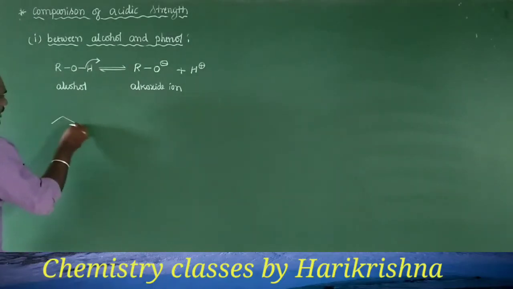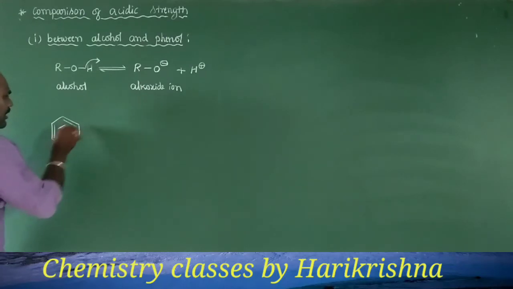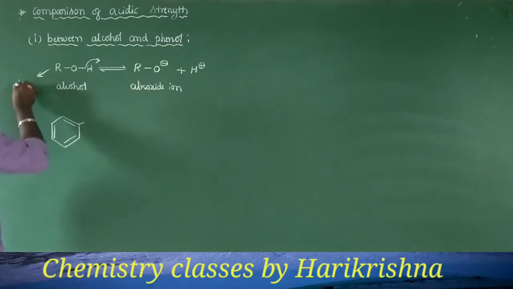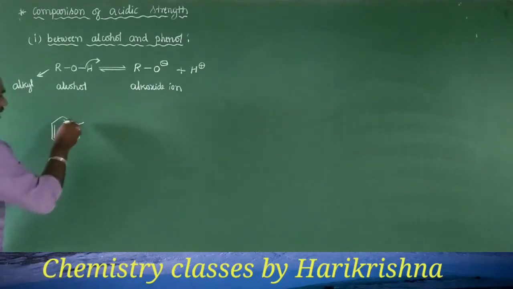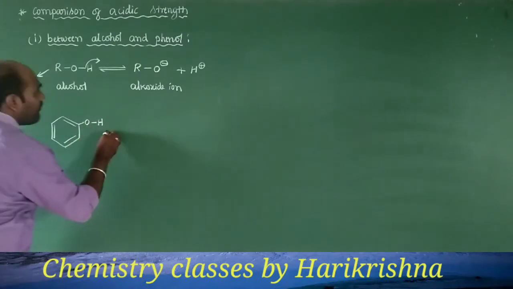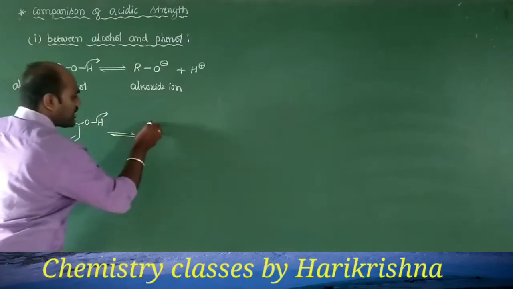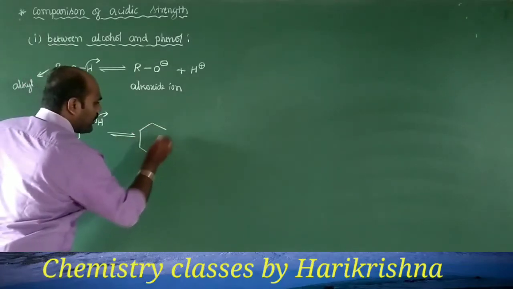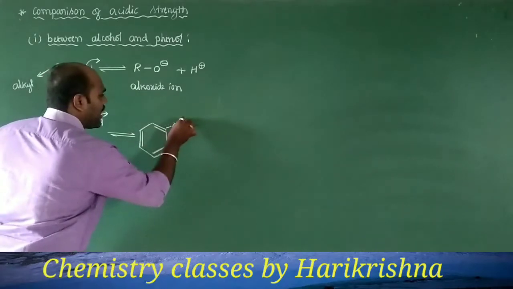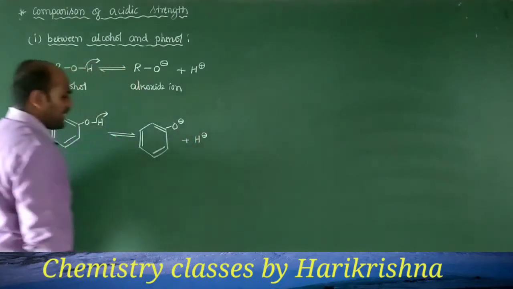And if you consider phenol, here R, which in alcohols can be an alkyl group, is in phenols a benzene ring. So when H plus ion is eliminated from phenol, we are going to get O minus, that is phenoxide ion, with the expulsion of H plus.